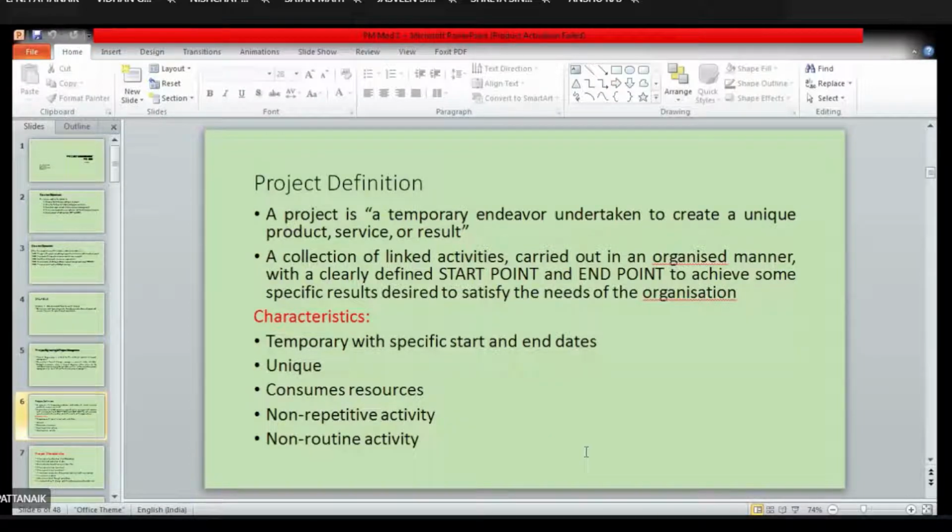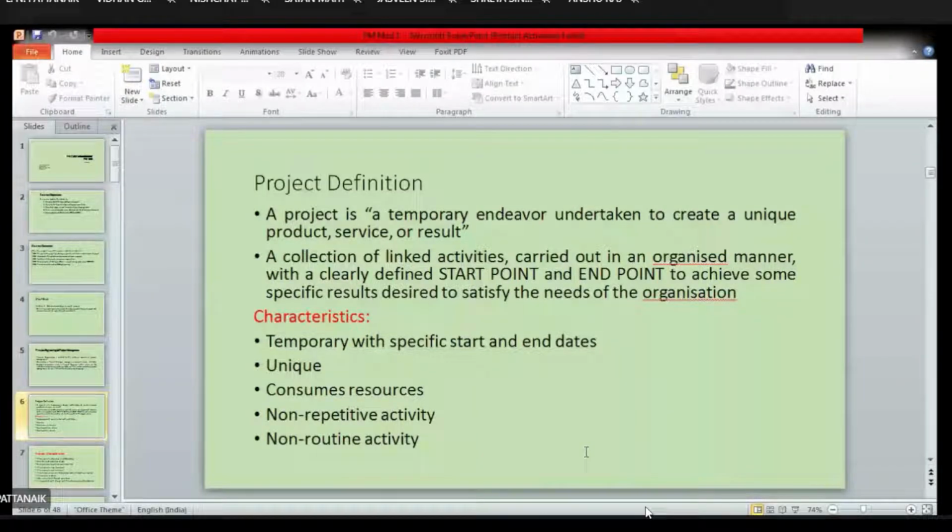So what are the typical features or characteristics? A few of them we have already discussed. It is temporary with specific start and end dates. It is unique, right? Each and every project is unique. There is no repetition of that. It consumes resources, right? All projects consume resources.